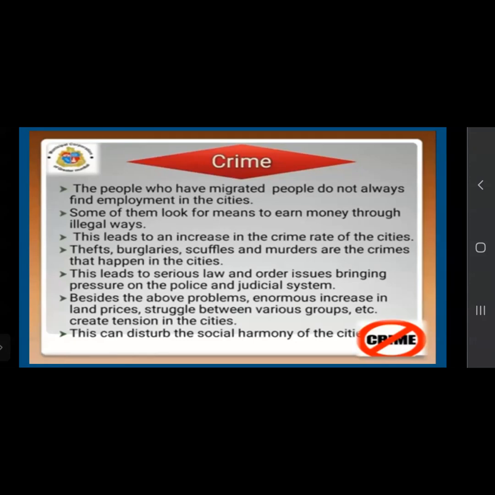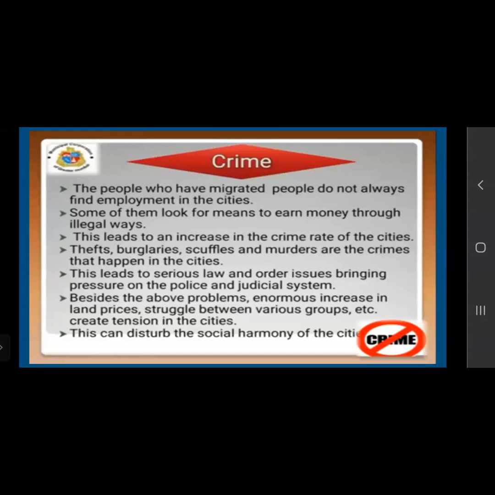Besides the above problems, enormous increase in land price and struggle between various groups create tension in the cities. Other than the problems we have discussed, there is a continuous increase in the land price, and there is struggle between the various groups.